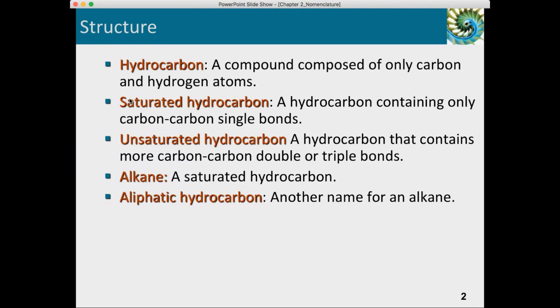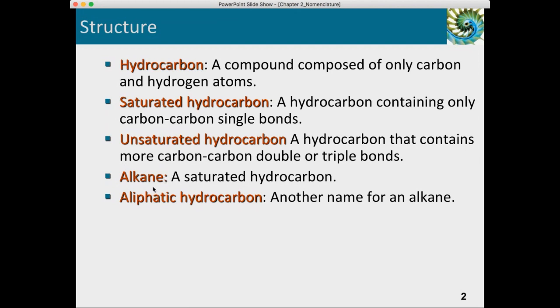So basically, each carbon has four single bonds, all sigma bonds, sp3 hybridized. On the other hand, another group are the unsaturated hydrocarbons. Those contain double or triple bonds. It could be one or both together, different combinations.